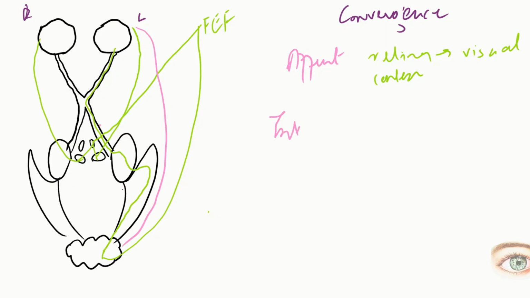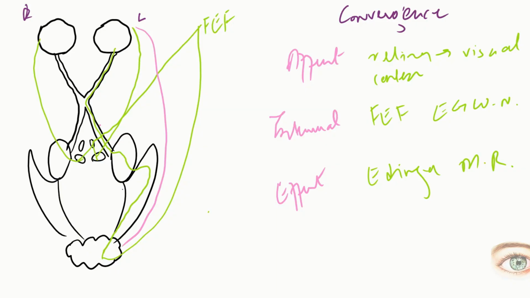Interneuronal communication was from the frontal eye field to the Edinger-Westphal nucleus, right? And the efferent pathway was from the Edinger-Westphal nucleus to the medial rectus.